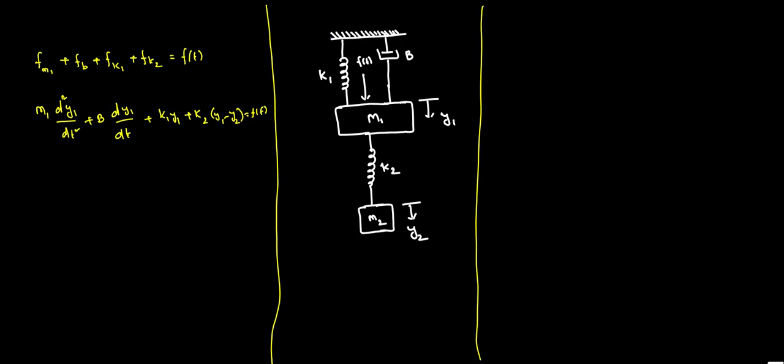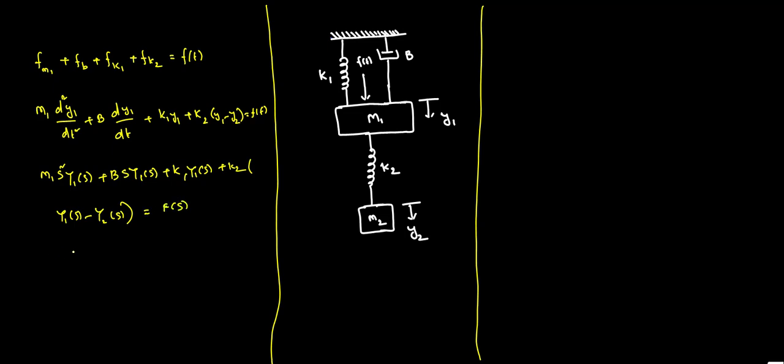Okay, so now let us bring in the Laplace transform. m1 s square y1 of s plus bs y1 of s plus k1 y1 of s plus k2 into y1 of s minus y2 of s is equal to f of s.